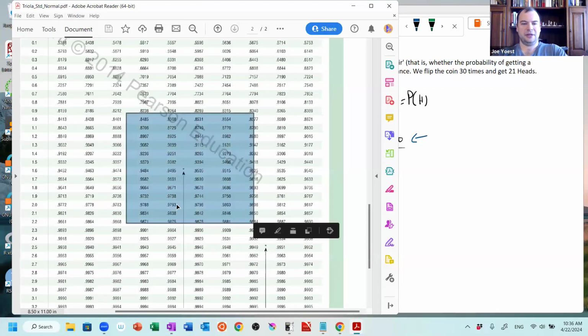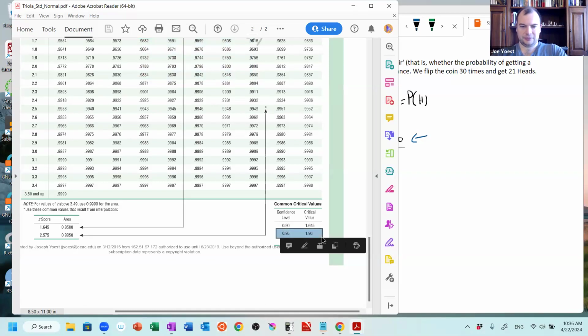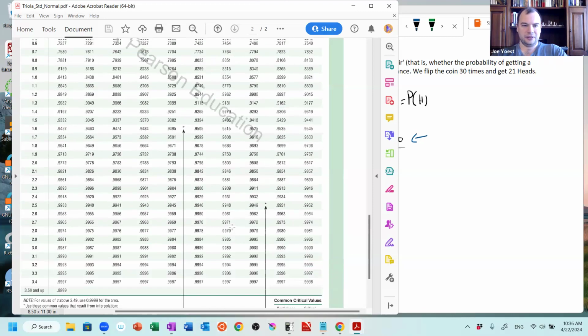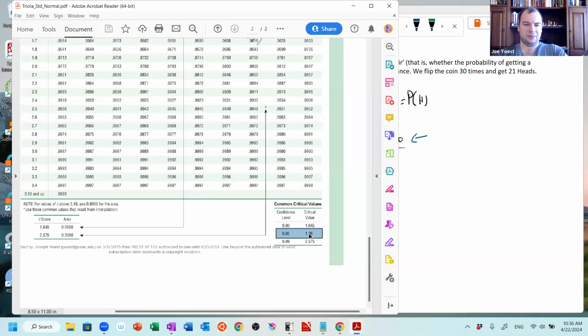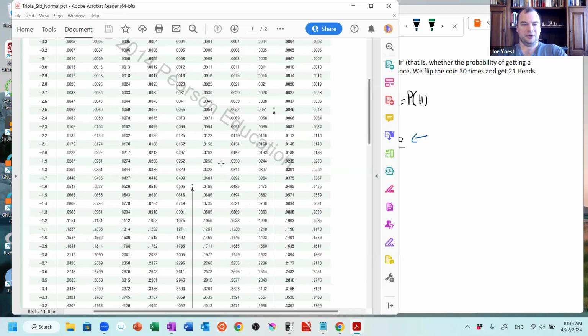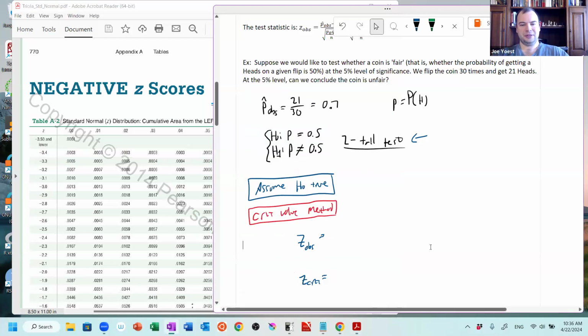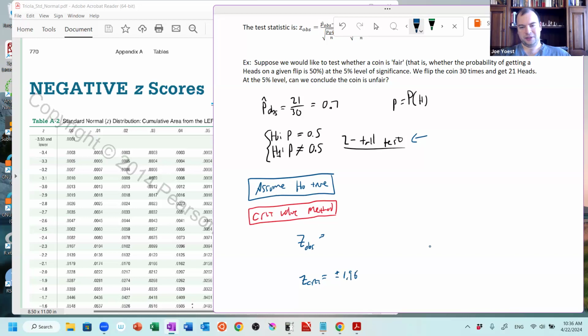I could look up that number in the field, but I know that I want 5% area combined between two tails. So I'm looking for this 1.96 number here. I can also see that if I remember, I want 2.5% area in each tail, and I see again 1.96. This is a two-tail test, so this is plus or minus 1.96.